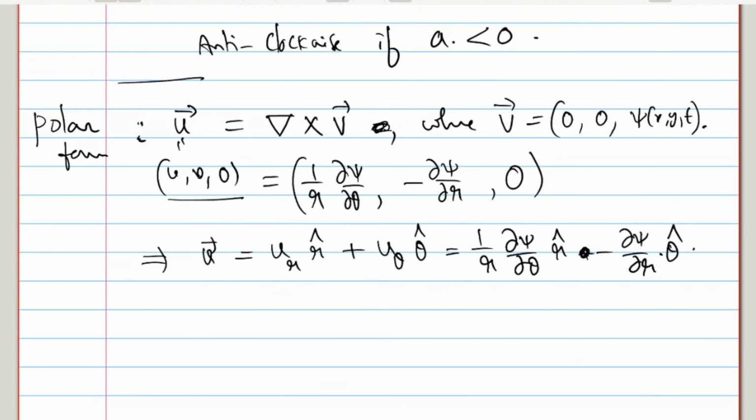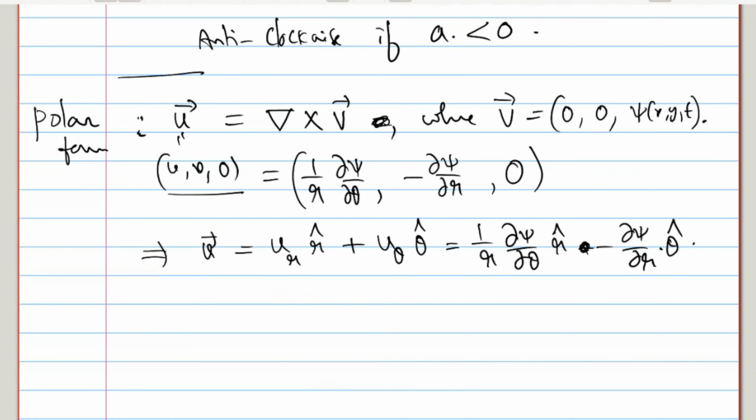Just go and write what your del cross v is, with these three components in polar coordinates, using h1, h2, h3 that you have already calculated. This is the assignment. Just try to see that it is the same. Unless you work out, you will not be able to see. You need to be familiar with at least polar coordinates immediately.